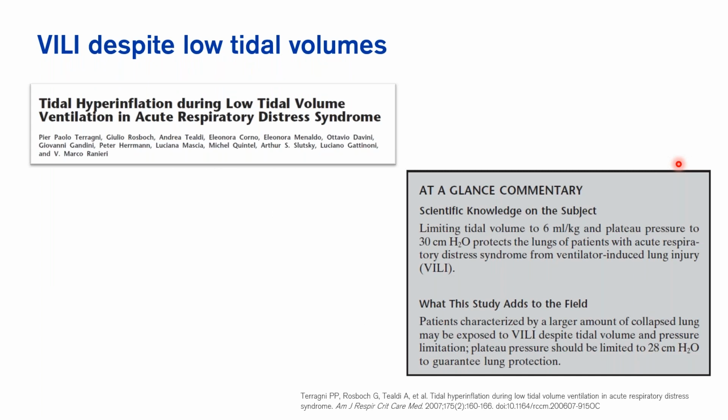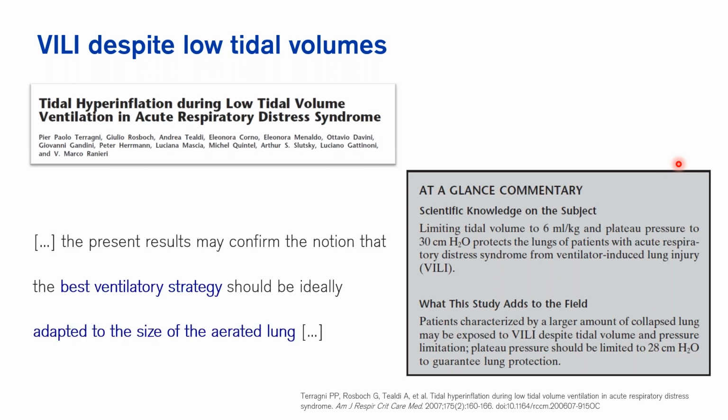Also, there were researchers looking at ventilator-induced lung injuries even despite low tidal volumes. This particular study from 2007 from the Luciano Gattinoni group looked at tidal hyperinflation during low tidal volume ventilation in acute respiratory distress syndrome.